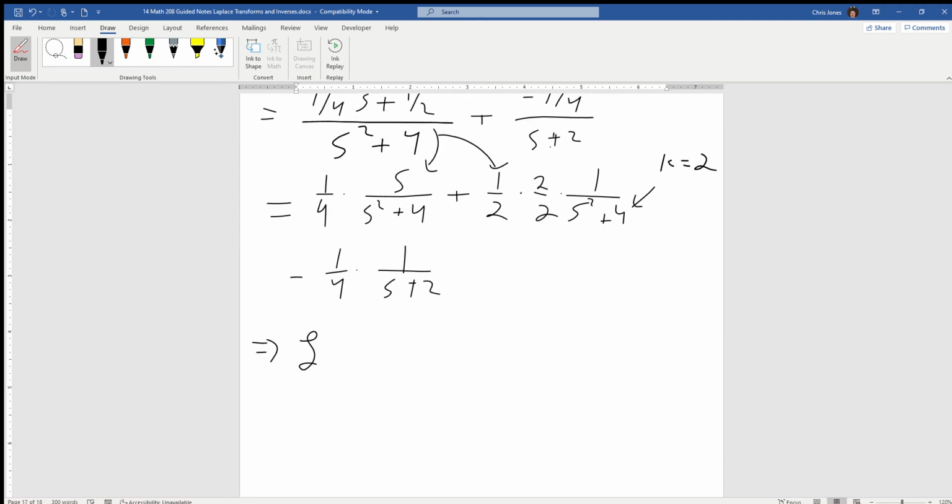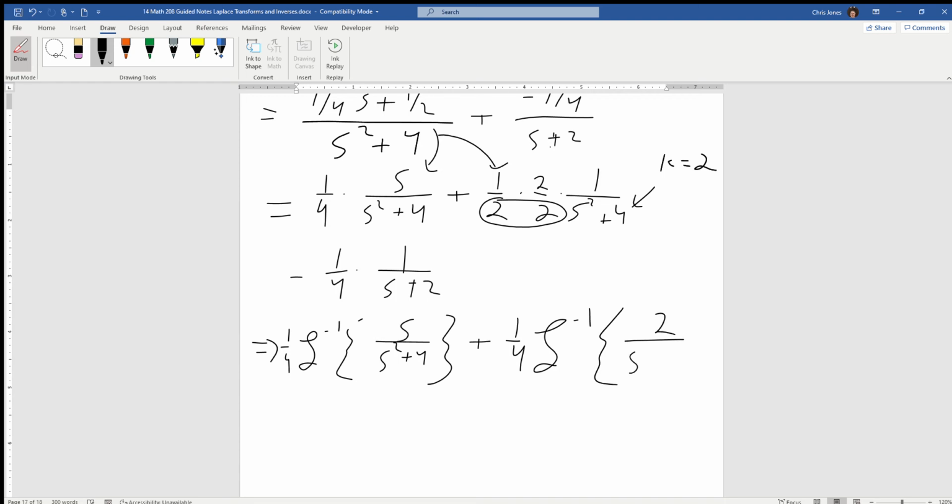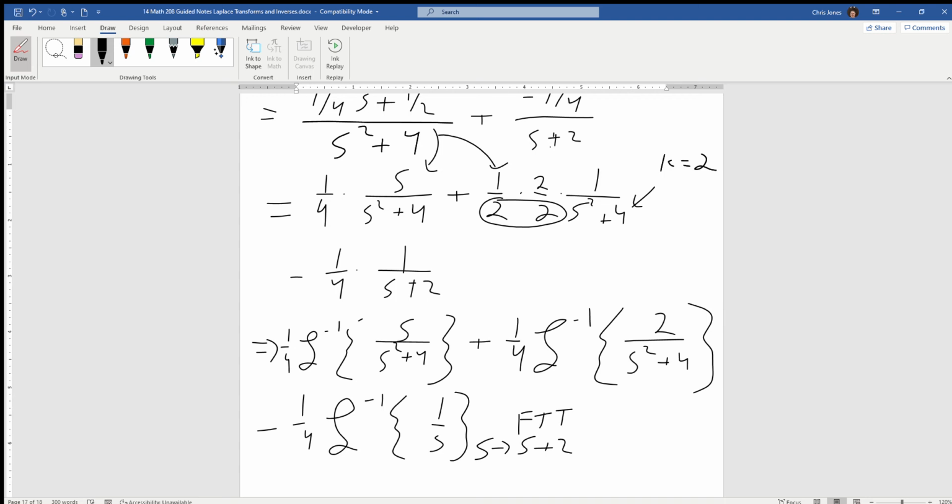So now we can do 1/4 inverse Laplace of S over S squared plus 4, plus 1/4 inverse Laplace, so 2 times 2 in the denominator, of 2 over S squared plus 4, and then finally the sneaky one, or not really all that sneaky, 1/4 inverse Laplace of 1 over S as S approaches S plus 2, because we have that first translation theorem.